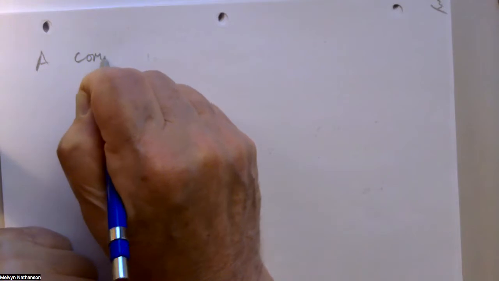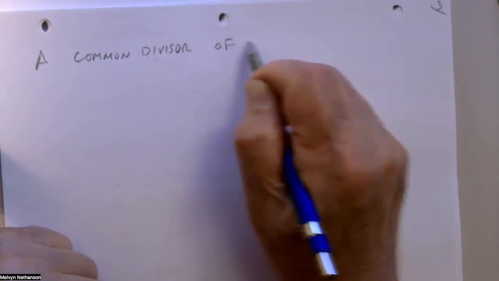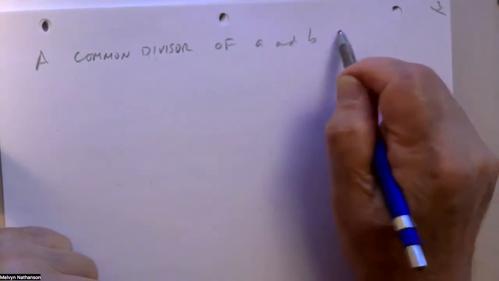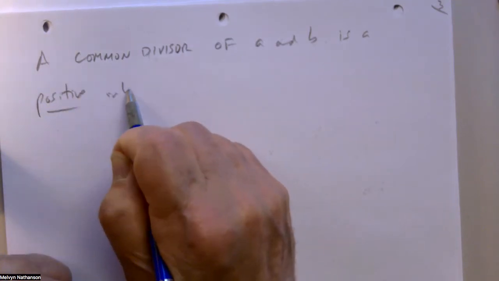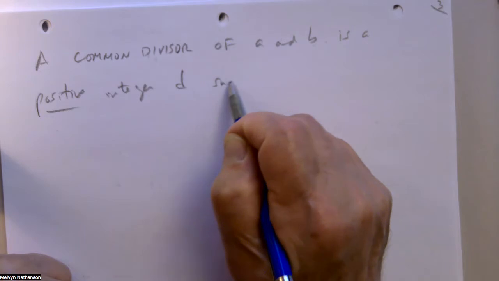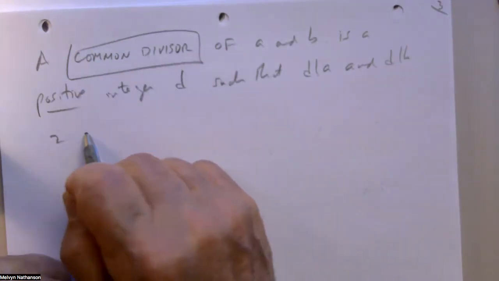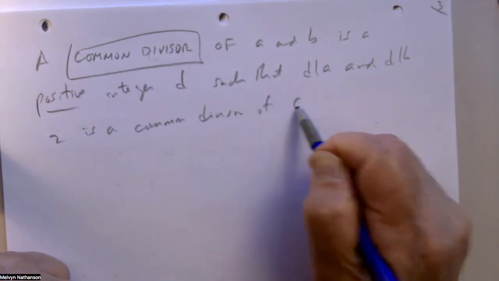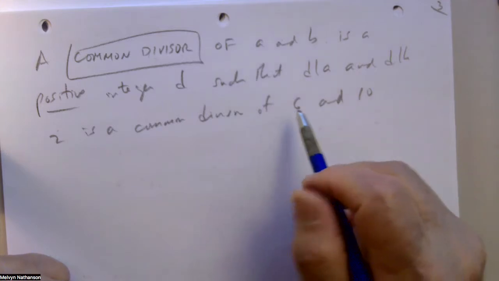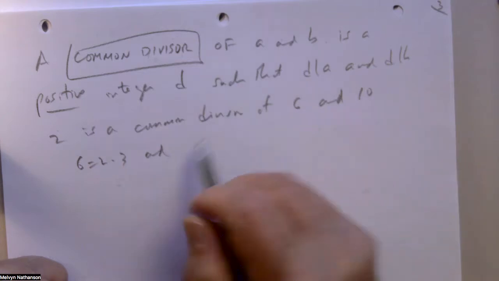So we have to define what is called a common divisor of integers A and B. It is a positive integer D such that D divides both A and B. So for example, 2 is a common divisor of 6 and 10, because 2 divides 6 and 2 divides 10.